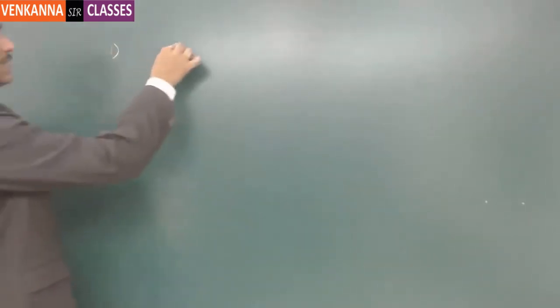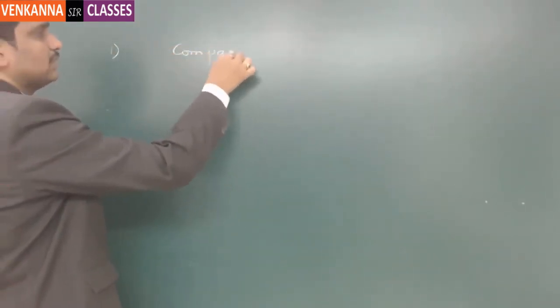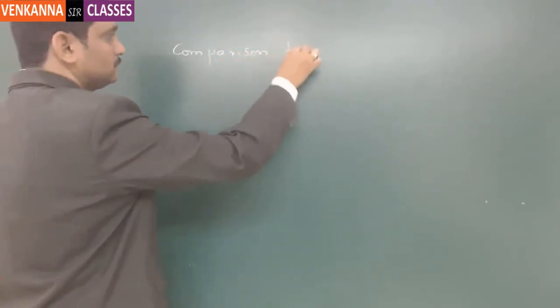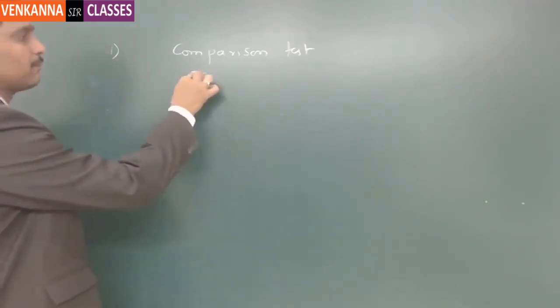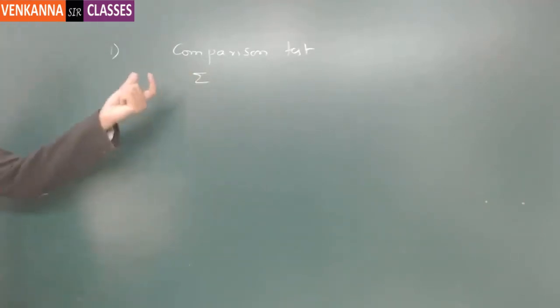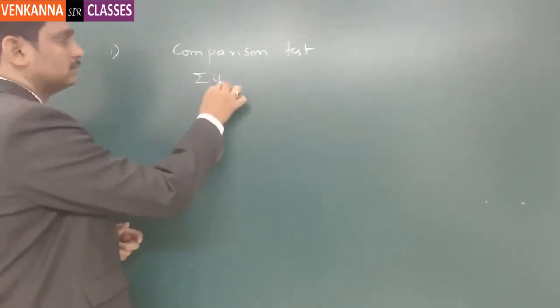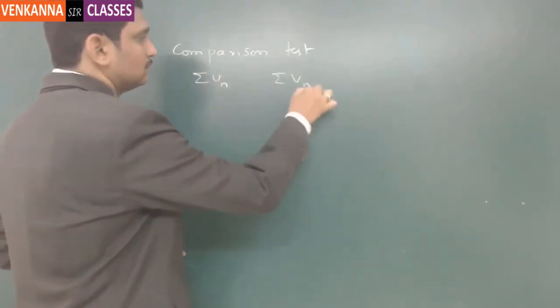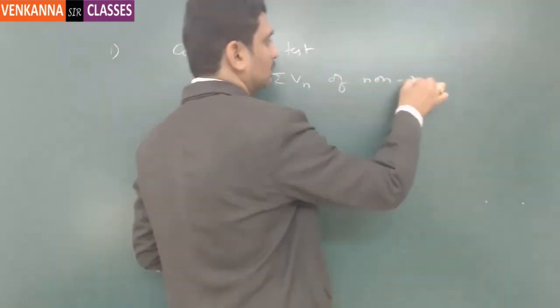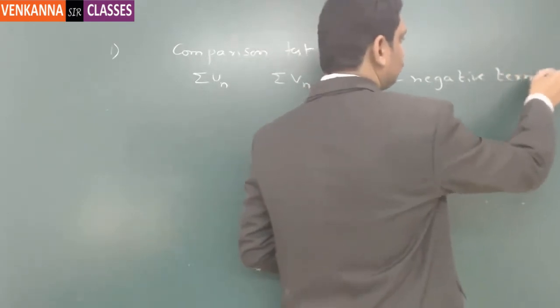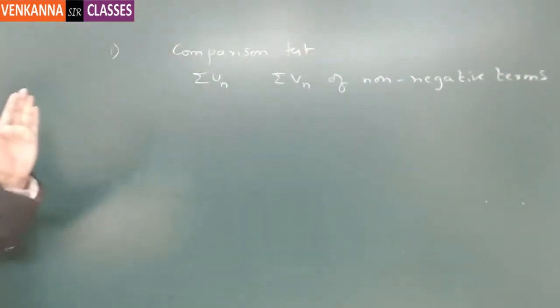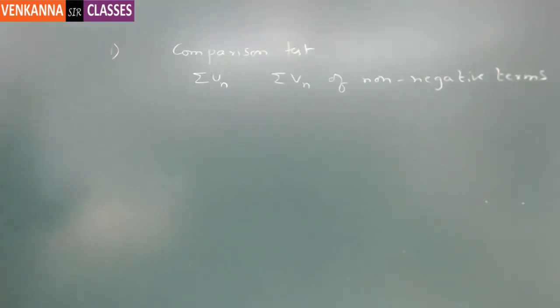So the first one is the comparison test. If I write the whole condition, you will get it. I will write the synopsis. See, I have two series, sigma un and sigma vn of non-negative terms.